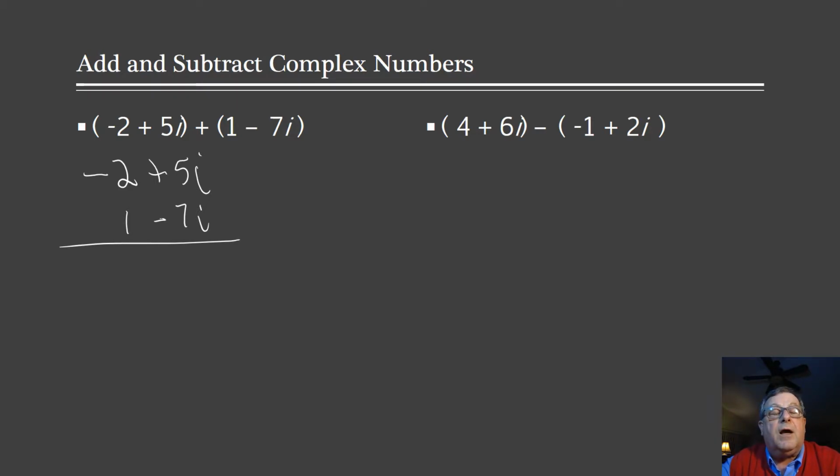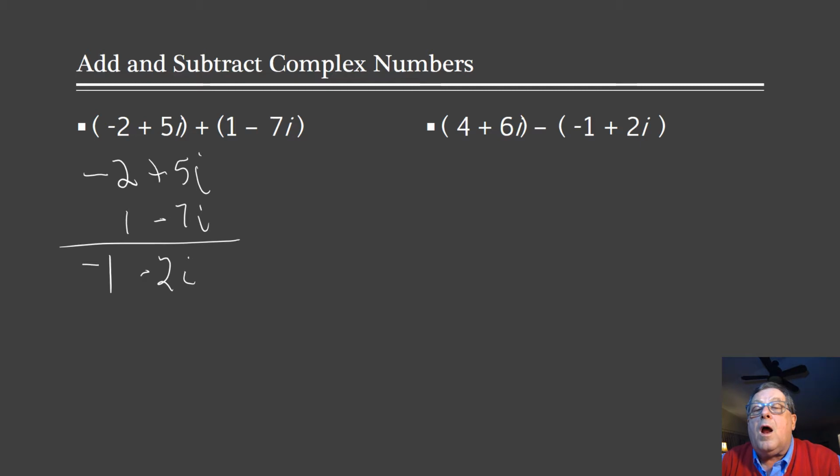And so let's see, we've got the real parts here: -2 plus 1. Well, that's going to result in -1. And I've got a positive 5i less 7i, or positive 5i, negative 7i. And combining those like terms is going to give me -2i. And shazam, we have added those.